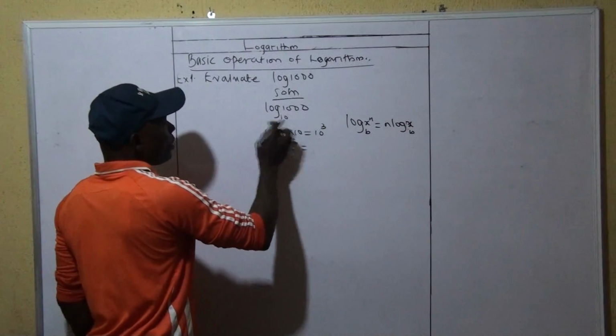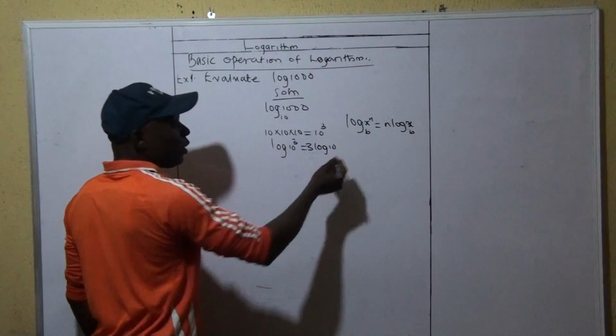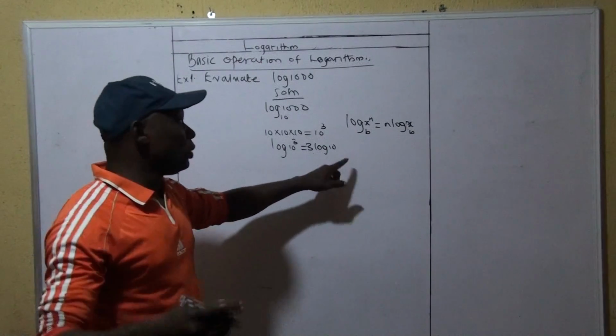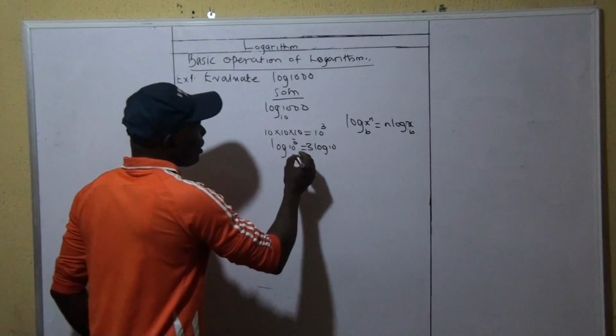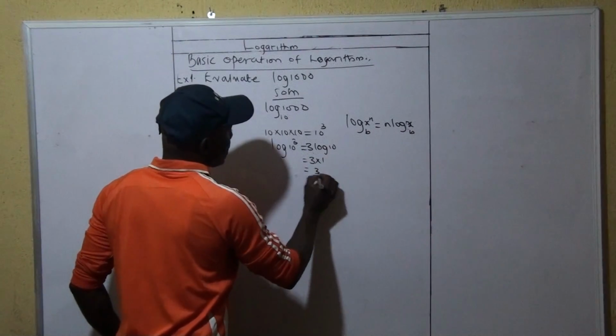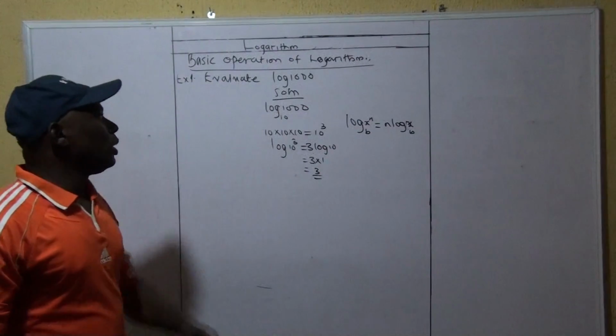So here, this 3 will come here and this becomes 3 log 10. You know log 10 here is 1, since the base is not shown, I told you it's base 10. So this simply means 3 times 1, and the answer is 3. So that is how we operate.